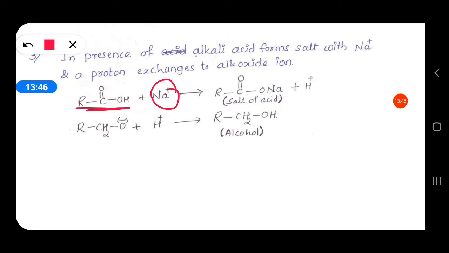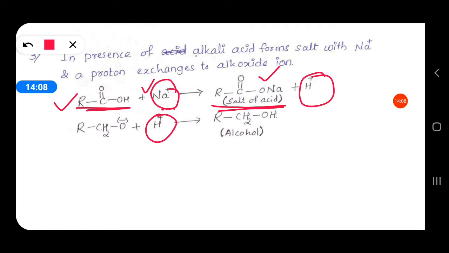When this acid reacts with NaOH, it takes Na plus ions from the base and forms the salt of the acid. So acid plus base gives salt. The sodium salt of the acid is formed and liberates H plus.